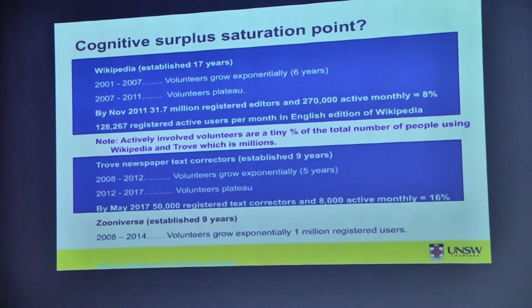It was originally thought that this would be because most of the encyclopedia is now written. However, since the Australian newspapers is also showing the same pattern, with a saturation point slightly higher at 16% of registered users, even when there is more content than ever before to correct, there may actually be something else happening.